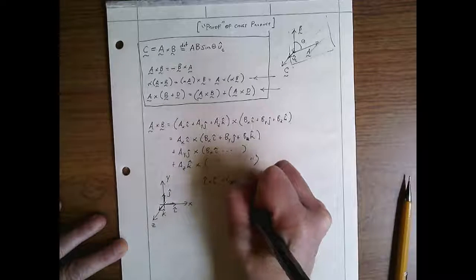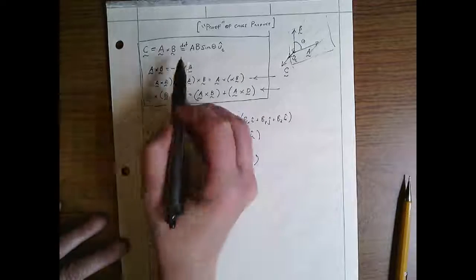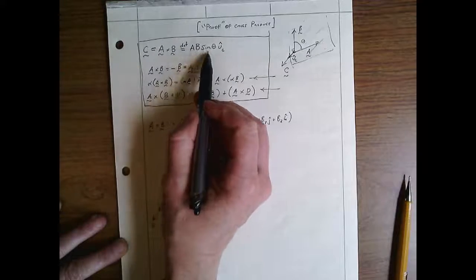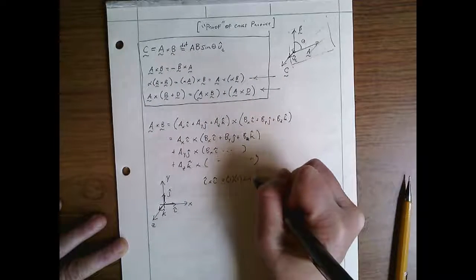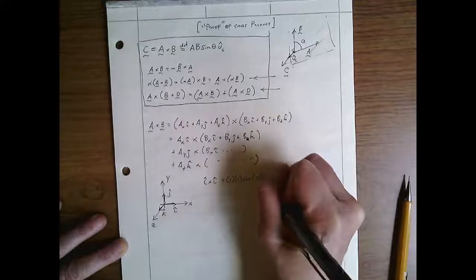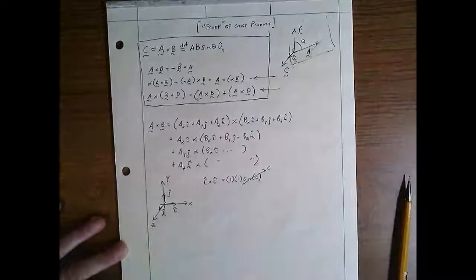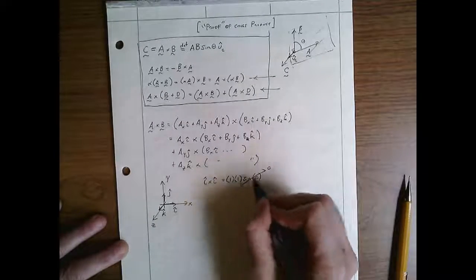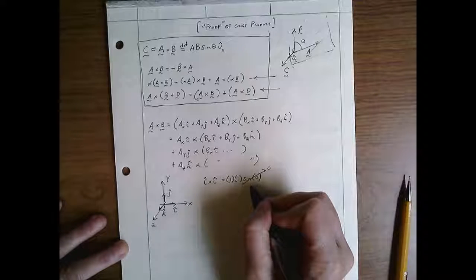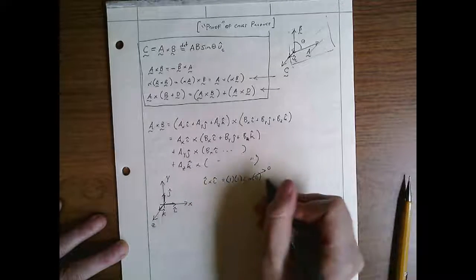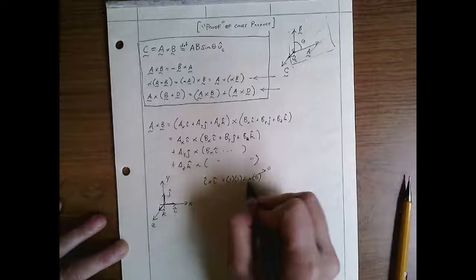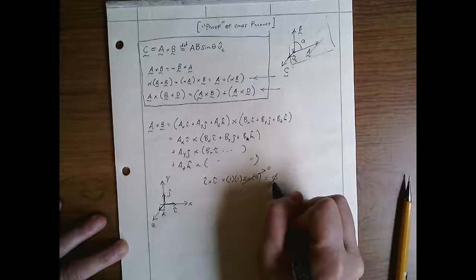That's going to be equal to 1, 1: magnitude, magnitude, sine of the angle between them. The angle between them is 0, right? Sine of 0 is 0. So I don't care what else is happening, this is all 0. This term is 0. Big goose egg.